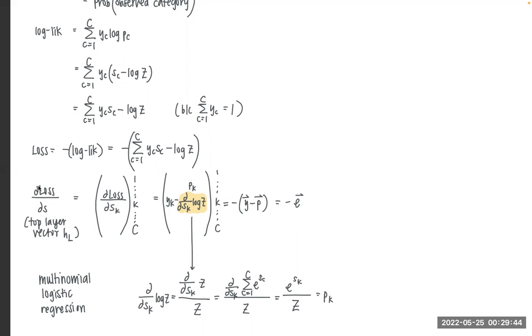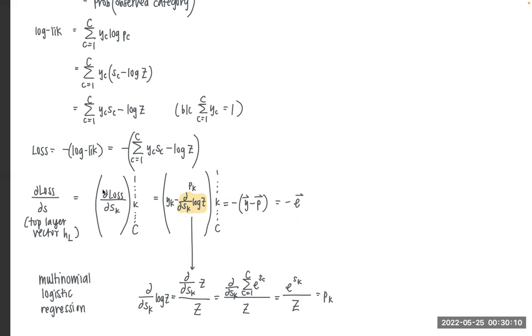So this derivative or gradient can be written as the derivative of this loss with respect to each of s_k, k from 1 to capital C. Here we use k because we already use summations over C, just to avoid confusion.